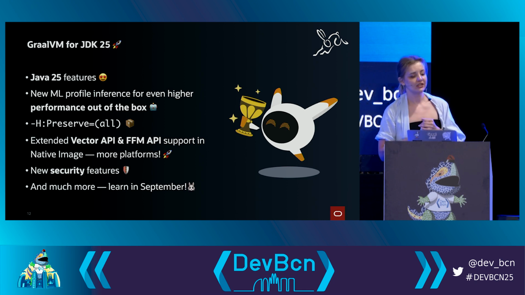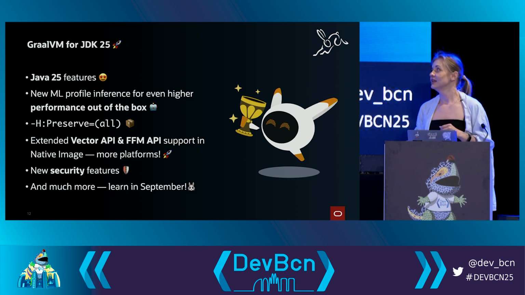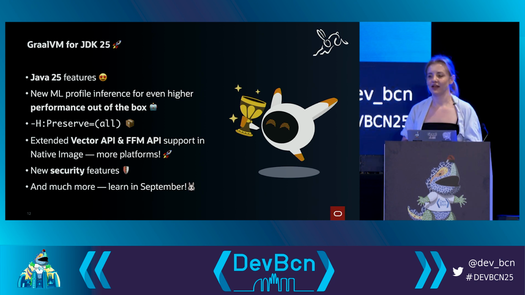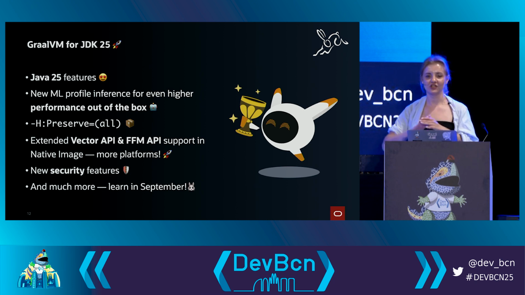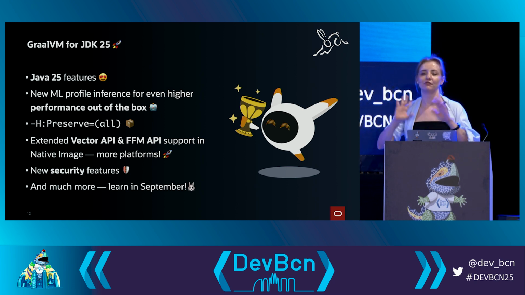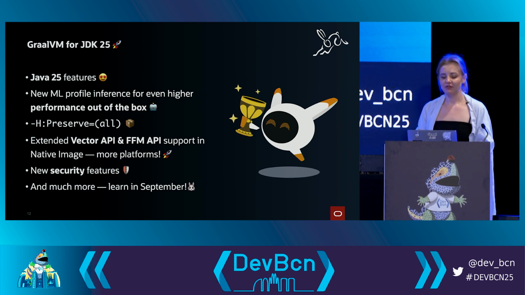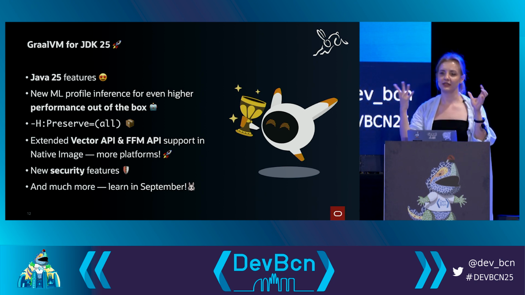So first of all, you will get Java 25 features. If I can suggest, if you want to move to Java 25, you can just download GraalVM for JDK 25, and this way you get all the latest Java features and all the latest GraalVM features in one distribution. I briefly mentioned that we have this sort of ML inference for profiles of your application, where we can look at your application and try to predict where it makes sense to optimize it.